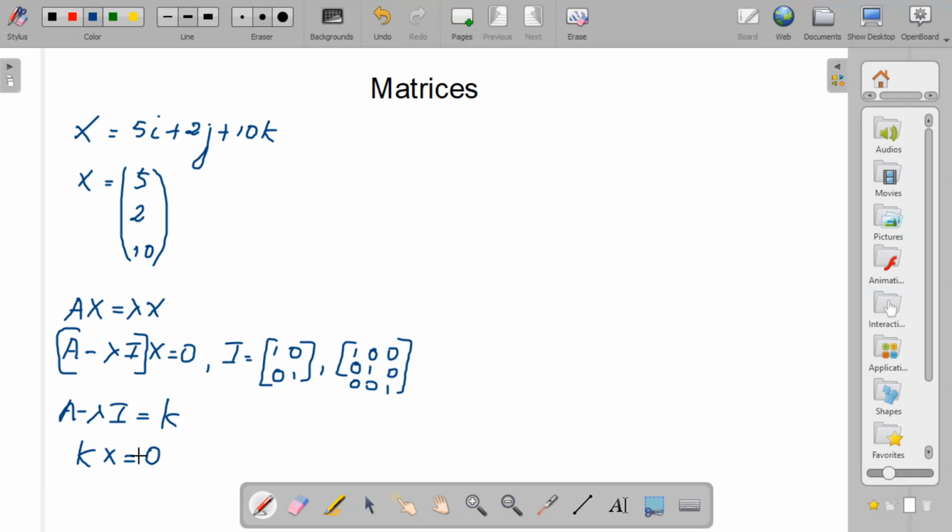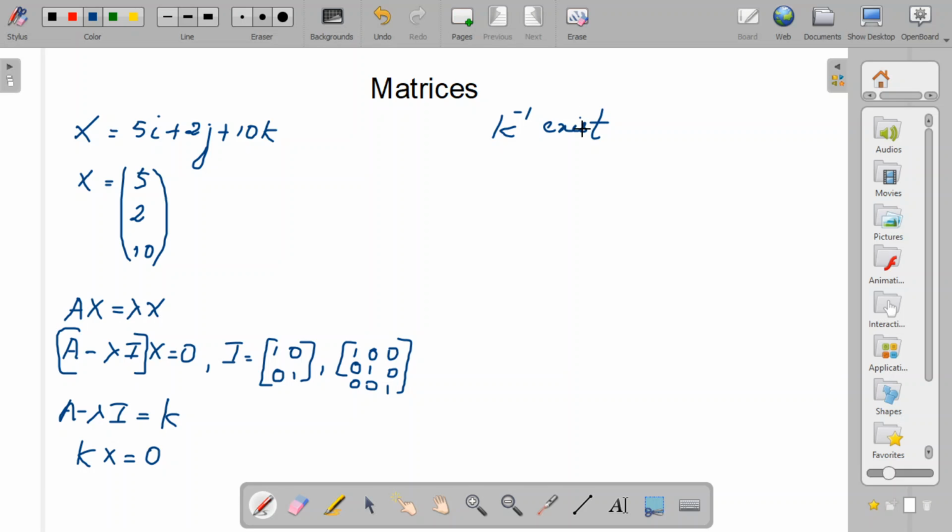Right? Now what is the solution of this x? Suppose this K, we know that K is a matrix, right? Because A is a matrix, lambda multiplied by I is a matrix, so the resultant K is a matrix. Suppose this matrix has an inverse. Let me say that K inverse exists.